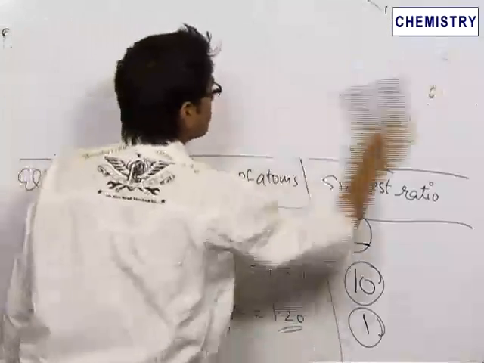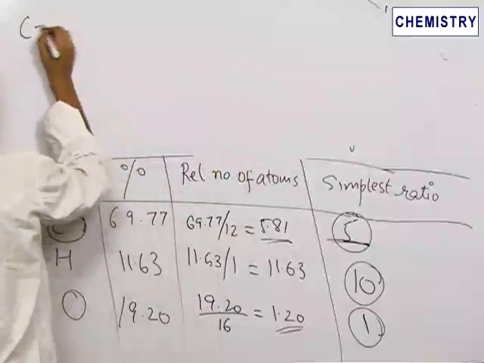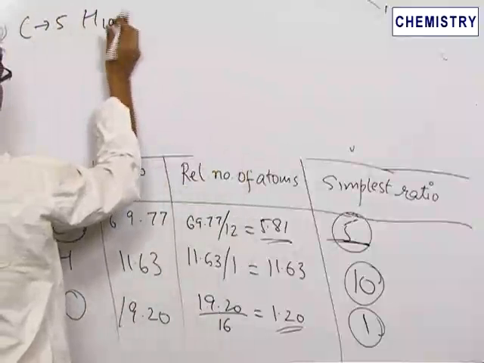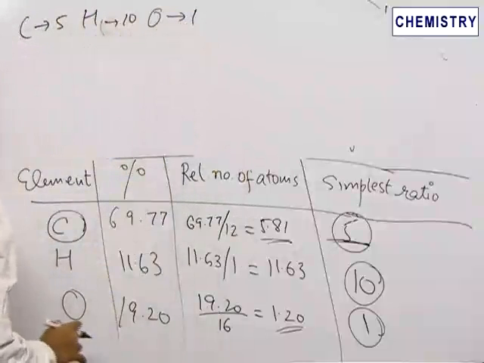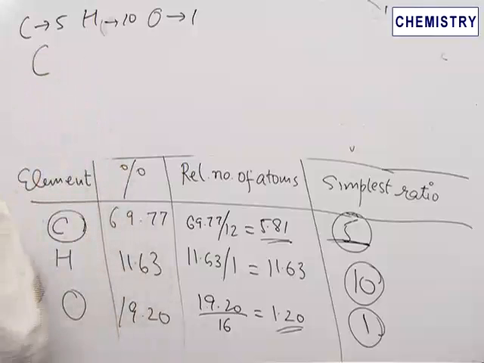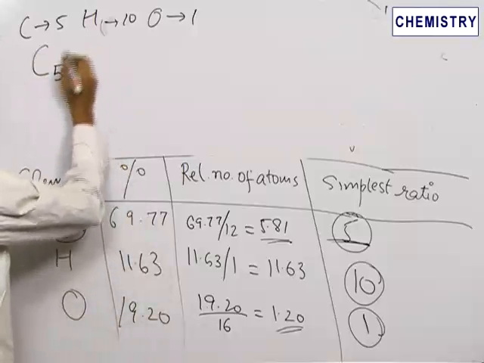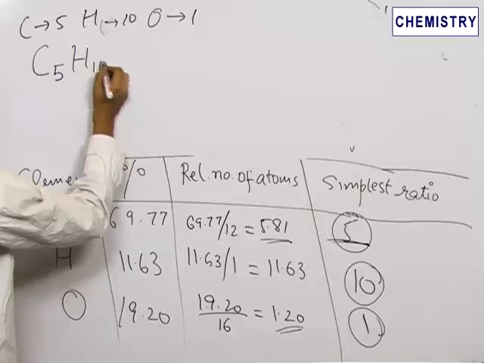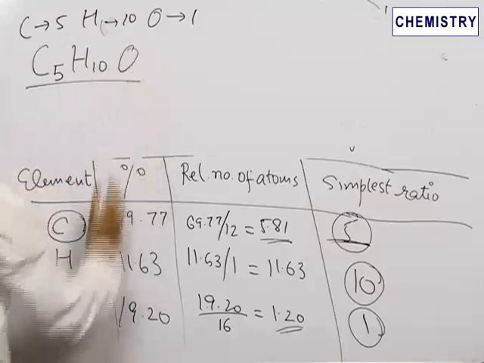Hence we have got the simplest ratios of carbon as 5, hydrogen as 10, and oxygen as 1. The empirical formula is obtained in the following manner. We write the simplest ratio of carbon as 5, then hydrogen as 10, and oxygen as 1. This is C5H10O.